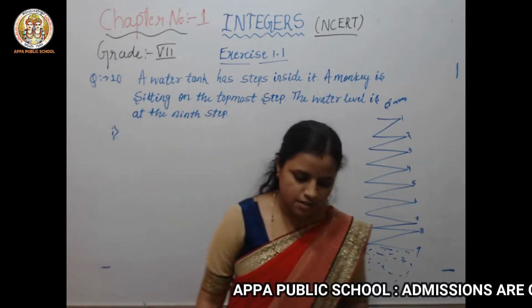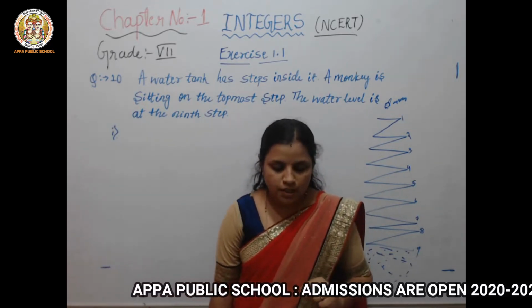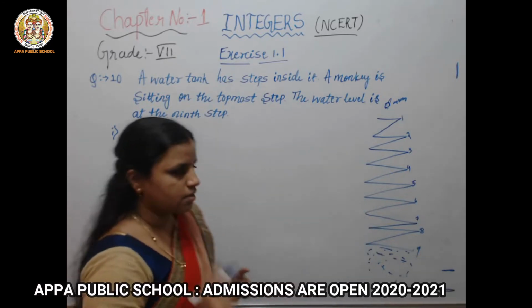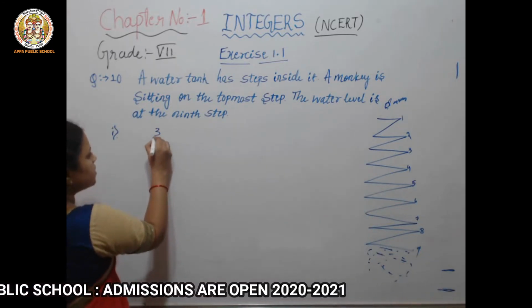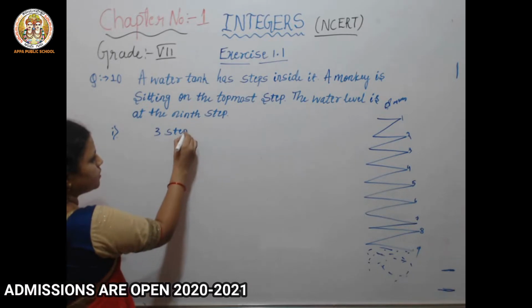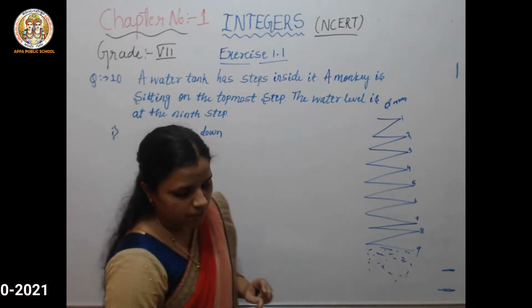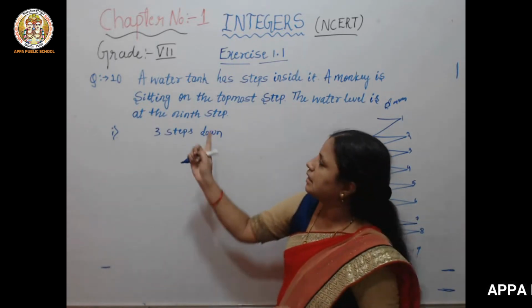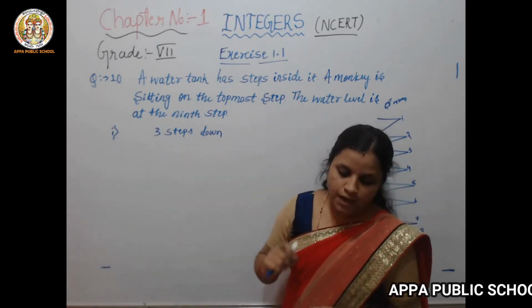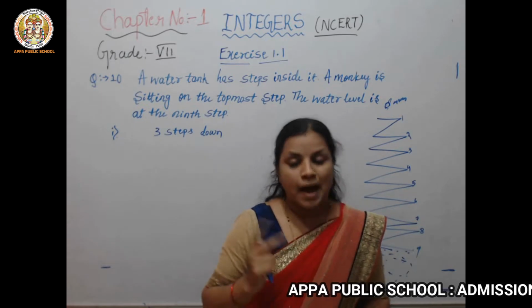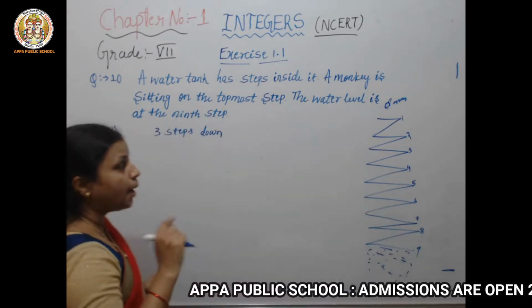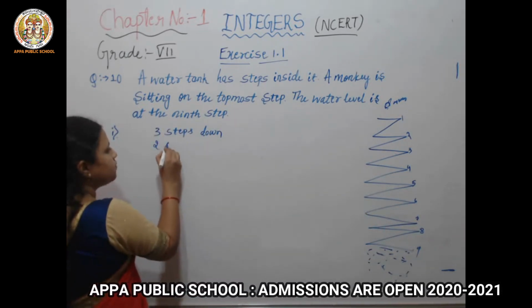The first sub question: in the first jump, the monkey jumps 3 steps down and then jumps back 2 steps up.